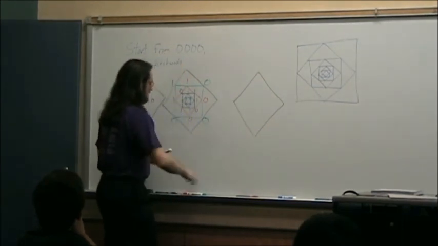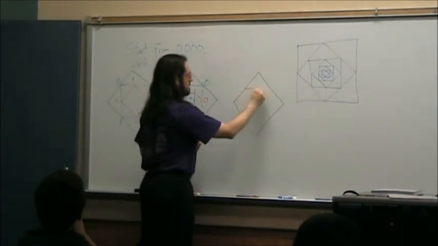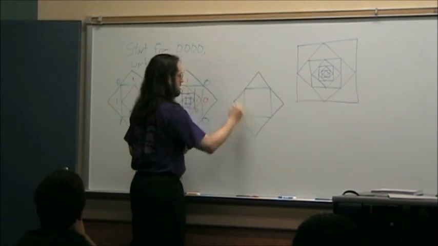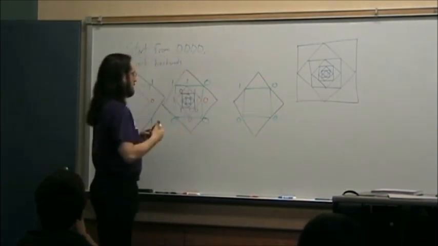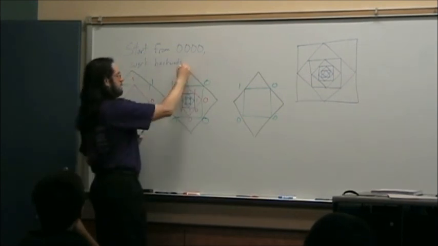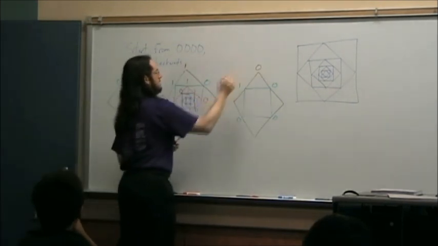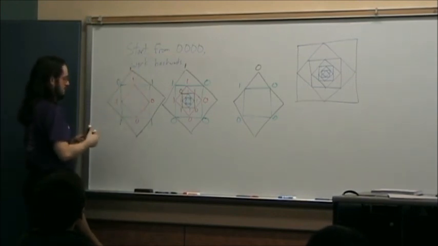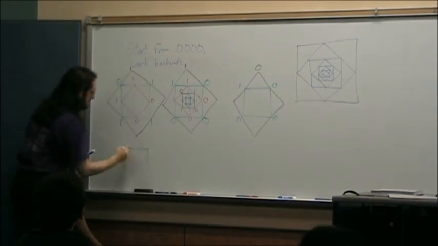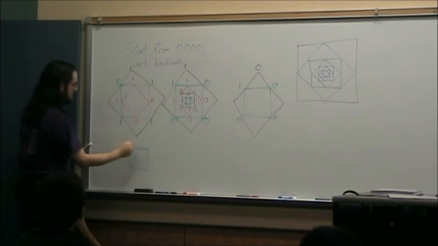Because in this case, with the 3 zeros, I could start with 1 on top or 0 on top. And in this case, I could start with a 1 on top or I could start with a 0 on top.